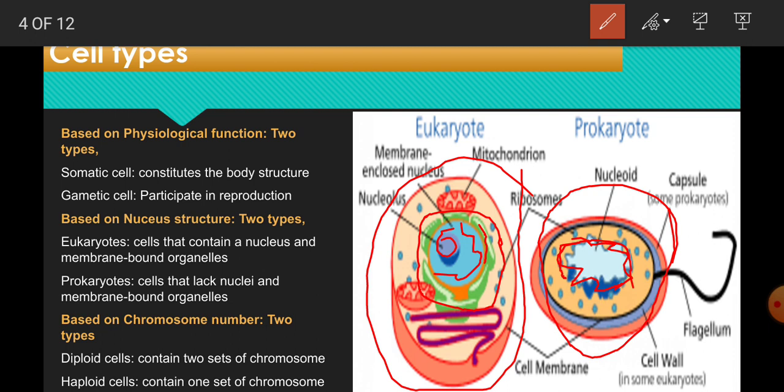No defined nucleus here. And in the eukaryotic cell, there are other smaller parts that are called organelles. But in the prokaryotic cell, there are no such organelles. They have no membrane bound organelles.